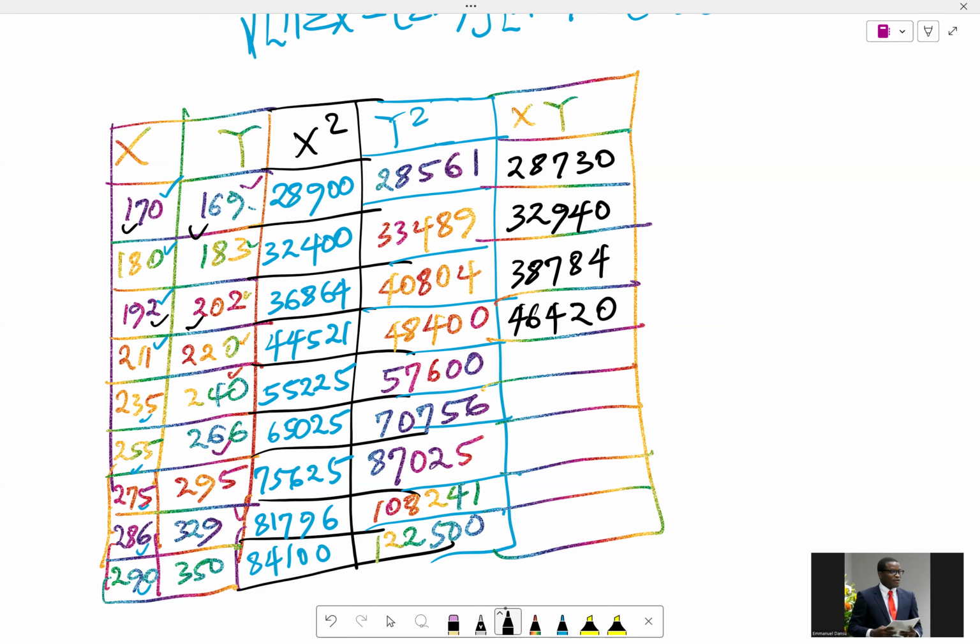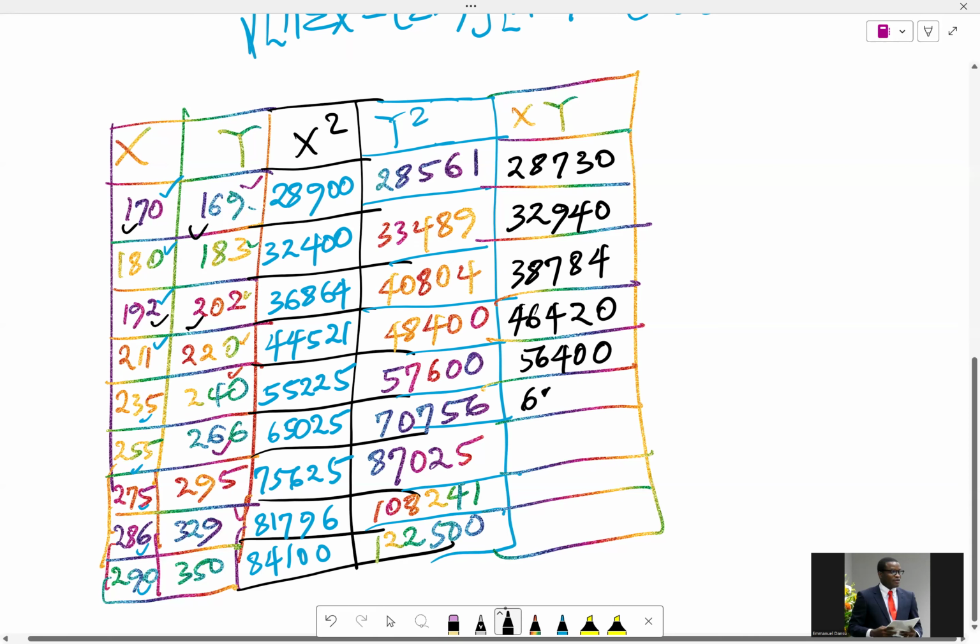I think we've seen this before somewhere, yeah? But whatever, that's 56400, right? Then we have 255 times 266. That is 67830. Then we have 275 times 295.